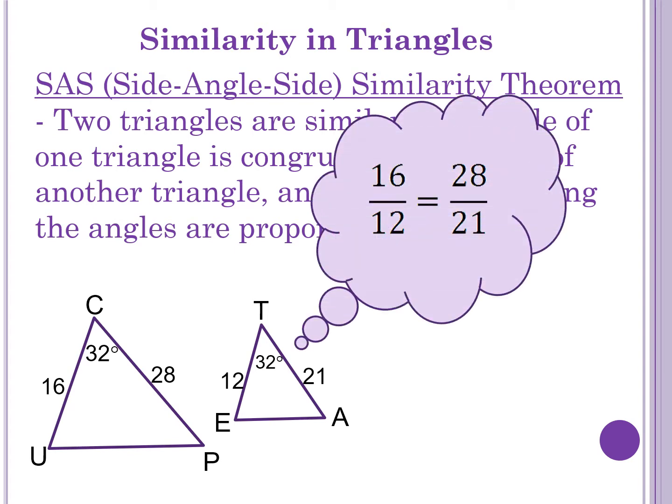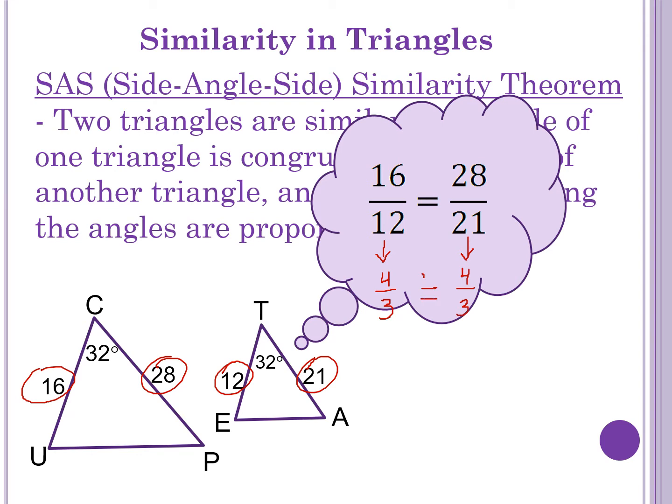So we have 16:12 and 28:21. So if we reduce the given ratios of the corresponding sides to lowest terms, we have 16/12, divide both by 4, we get 4:3. Same with 28:21, divide both by 7, we have 4:3.